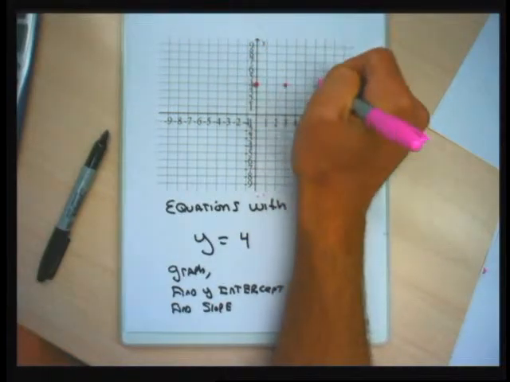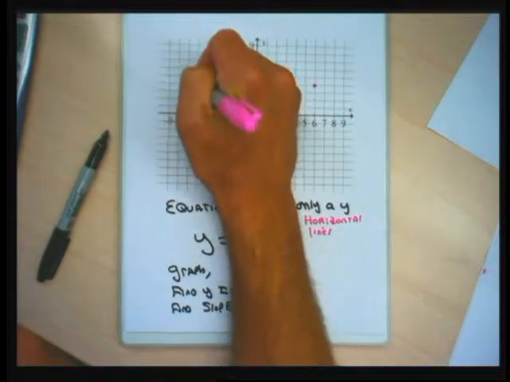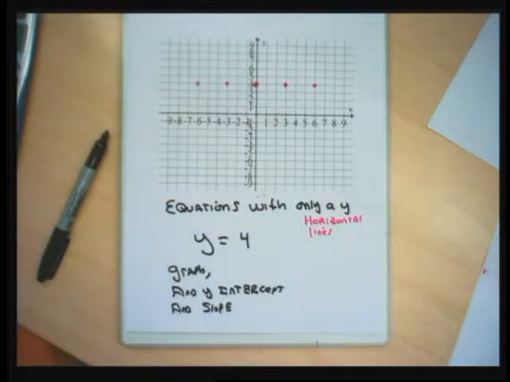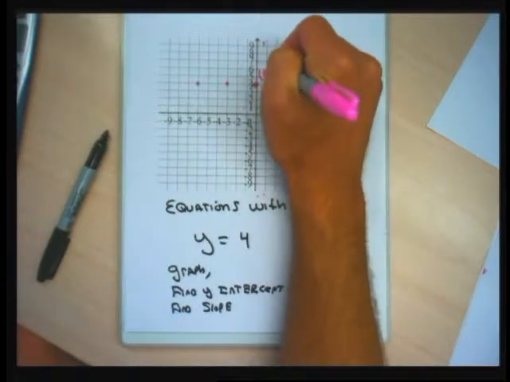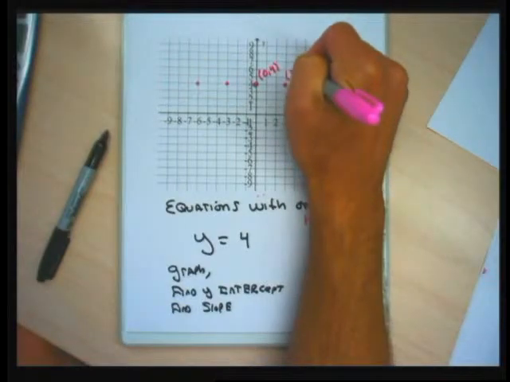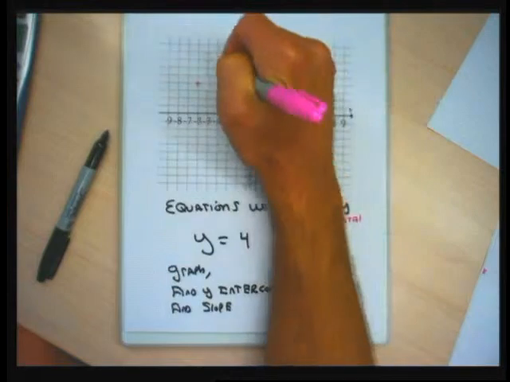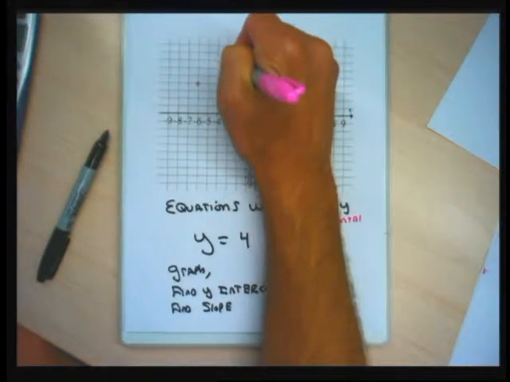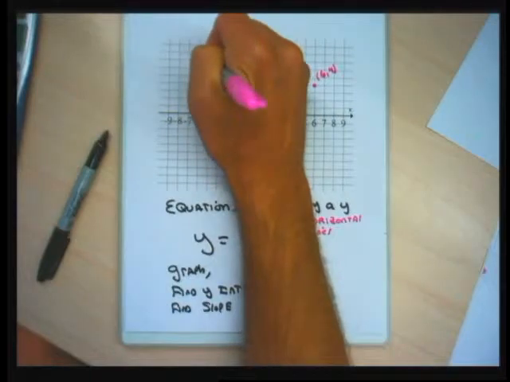So all of these points that I'm drawing are all going to be on this line because they all have what they need to have. I plotted the point 0, 4, the point 3, 4, the point 6, 4, the point negative 3, 4, and the point negative 6, 4.